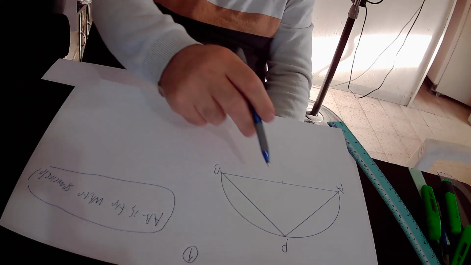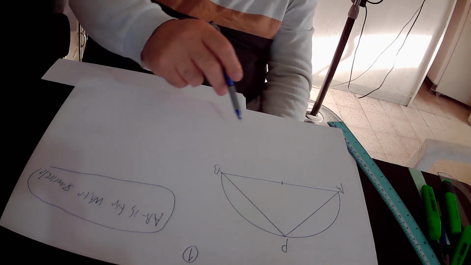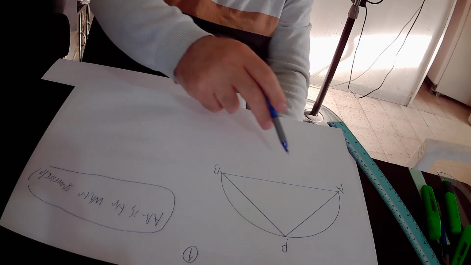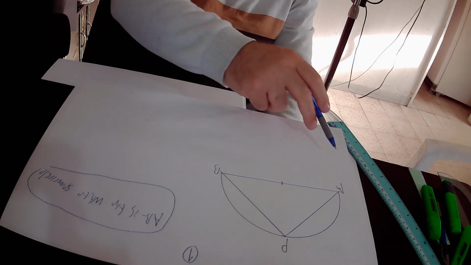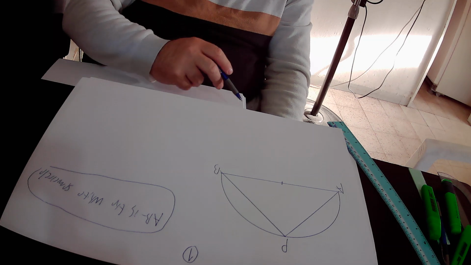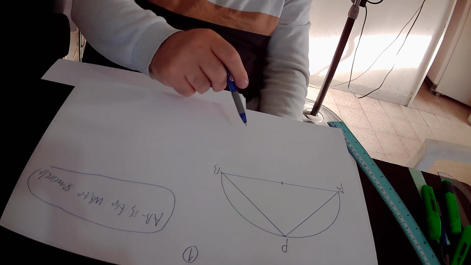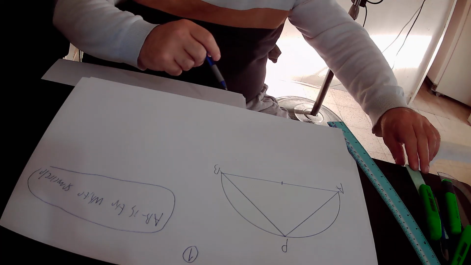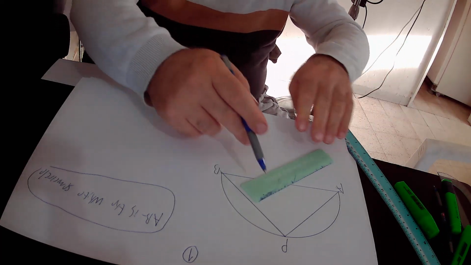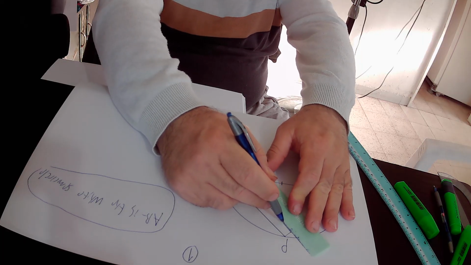AB is the diameter of this white semicircle. By joining points P and B together by a straight line, we create the peripheral angle APB. This is peripheral angle APB, and it is subtended on AB, that is the diameter of this white semicircle. And therefore, according to rule 7, peripheral angle APB must be equal to 90 degrees in its size.